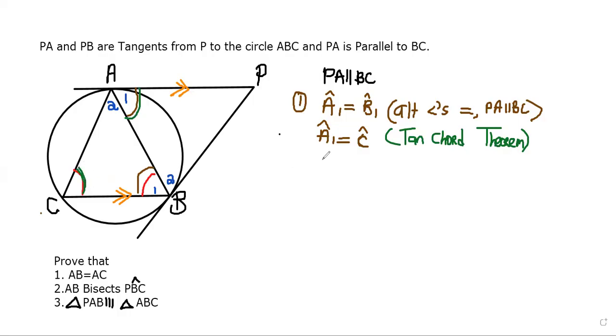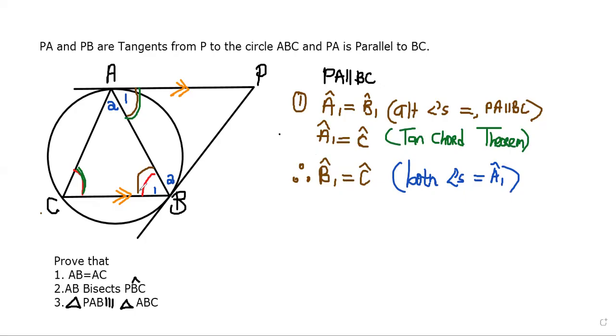So you're going to say angle A1 is equal to angle C. You can see that, based on what we have, angle B1 is equal to A1 and angle A1 is equal to C. Since these two angles, B1 and C, are both equal to A1, I'm going to say therefore angle B1 is equal to angle C. The reason is that both of them are equal to angle A1.